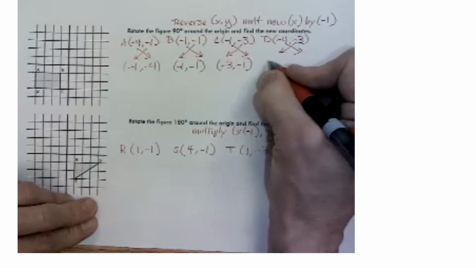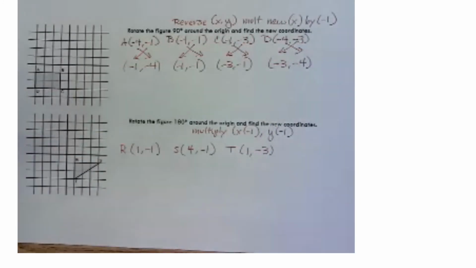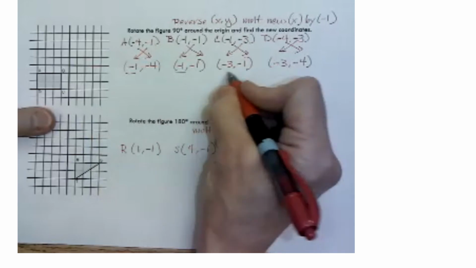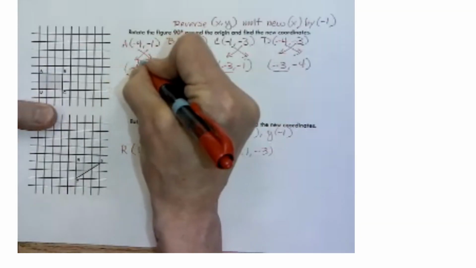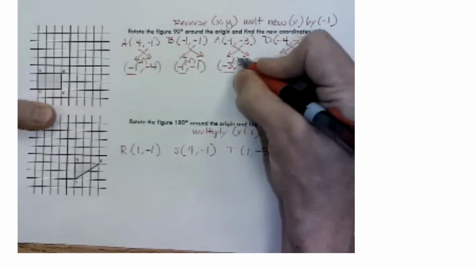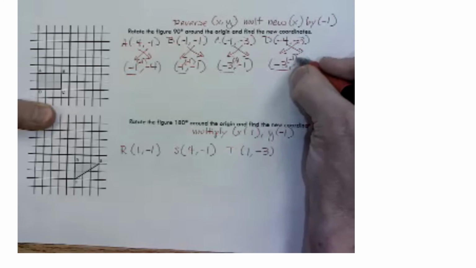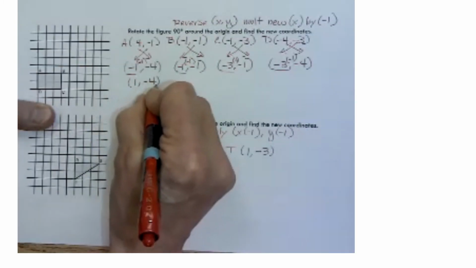And for D, I'm going to reverse my 3 and 4. Now I'm going to take each of these x's and multiply them by -1. So times -1, times -1. And -1 times -1 is now +1.